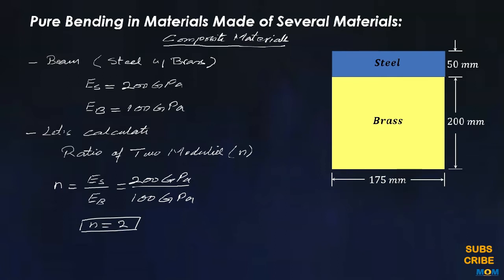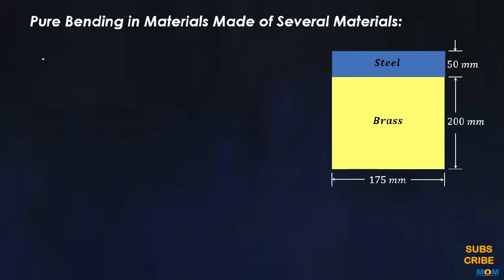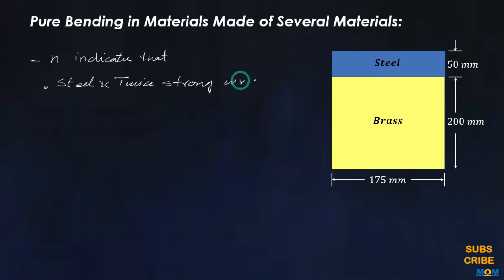Now here the ratio of the two moduli indicates that the steel is twice as strong with regard to the brass, as n is equal to 2.